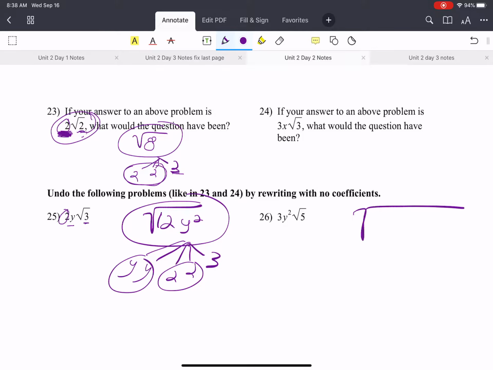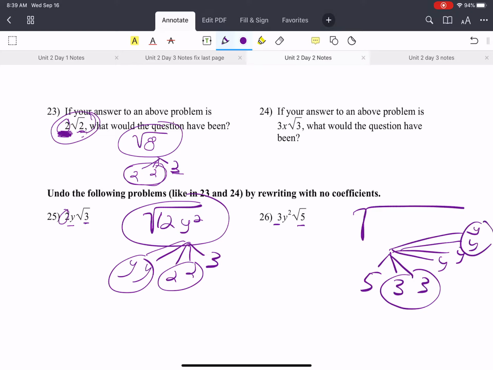So I'm trying to figure out what the square root was, right? I couldn't take out a 5, so that means I know there was 1 5 in there. I could take out a 3, so that means I knew I had 2 3s in there. And I could take out 2 y's, so how many y's had there have been if I could take out 2 of them? 4 of them, good.